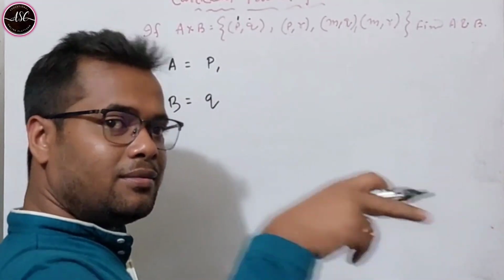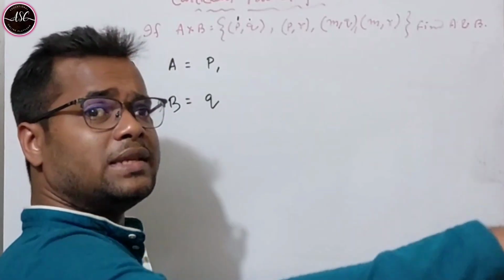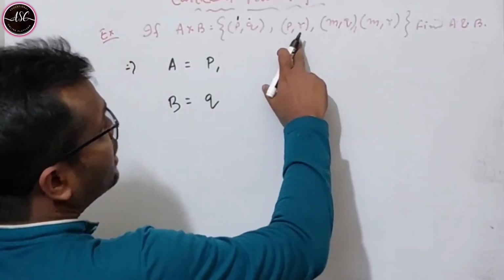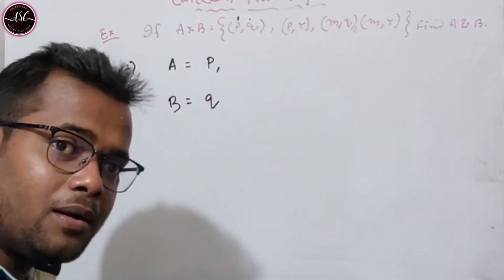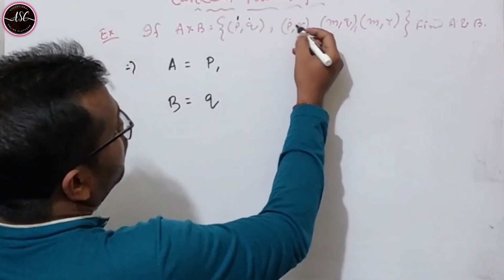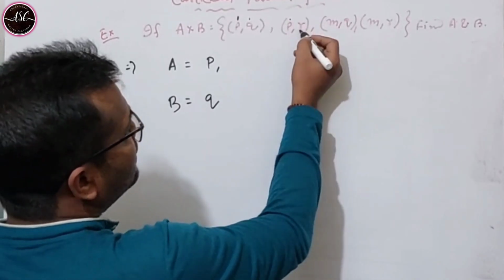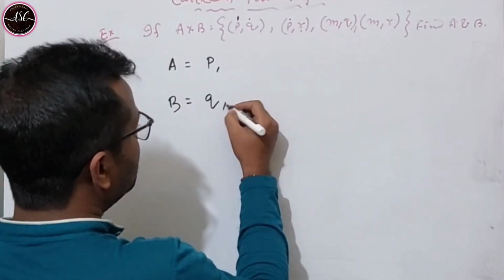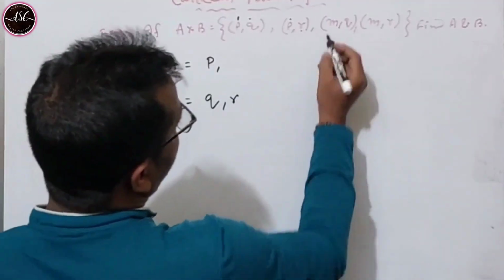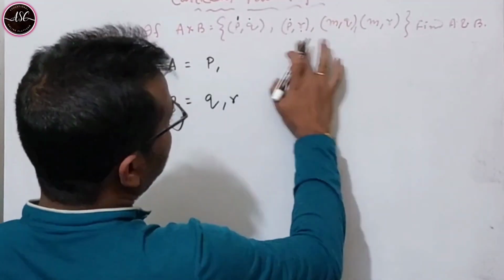Then with the first element of the first set, there is a relation with the second element of the second set. So here is the first element and this is the second element of the second set. Then Q, R, and the work for the first element is complete.